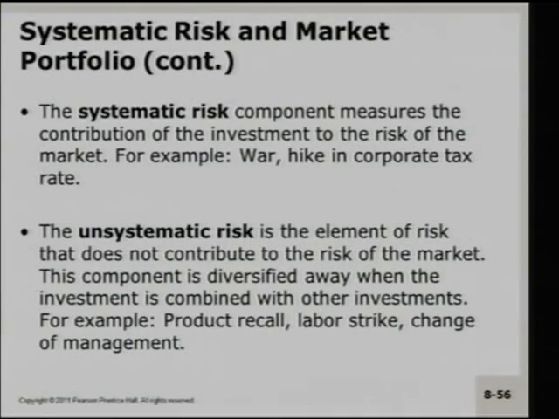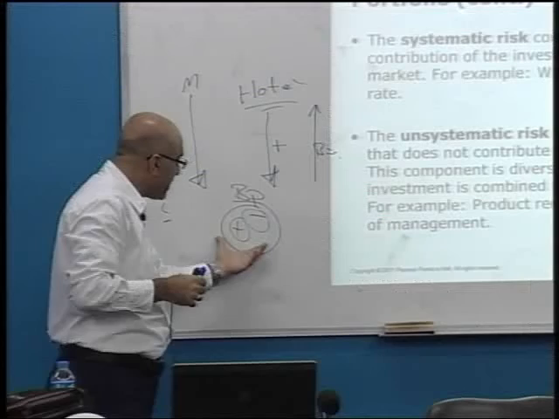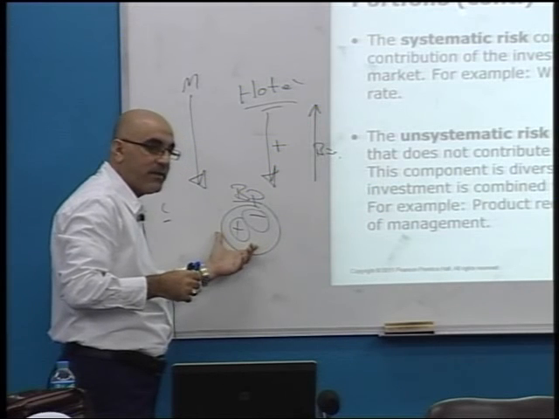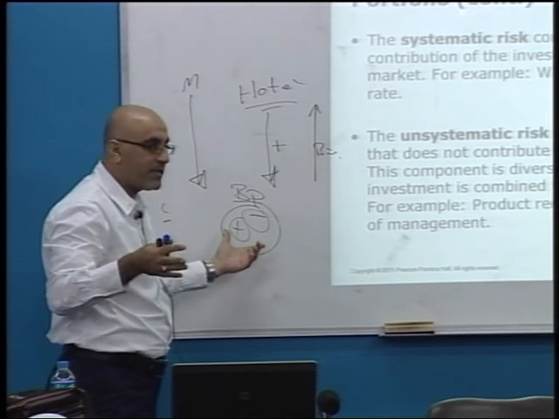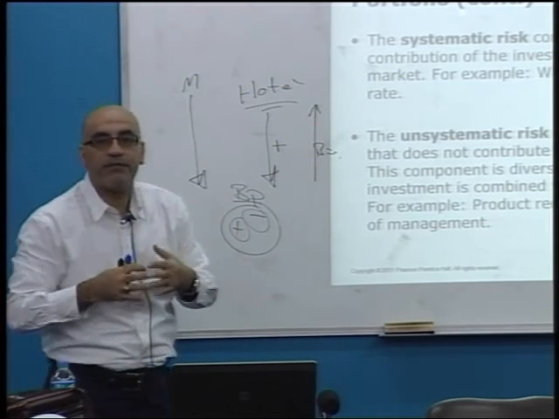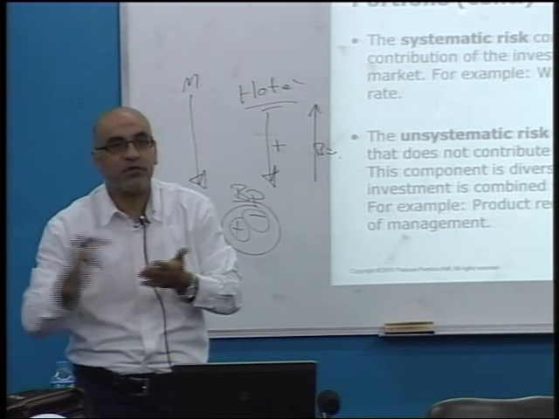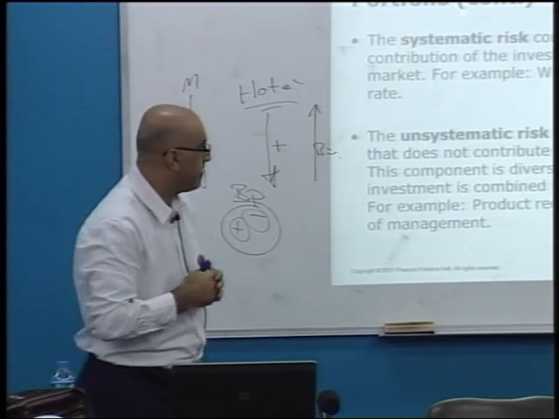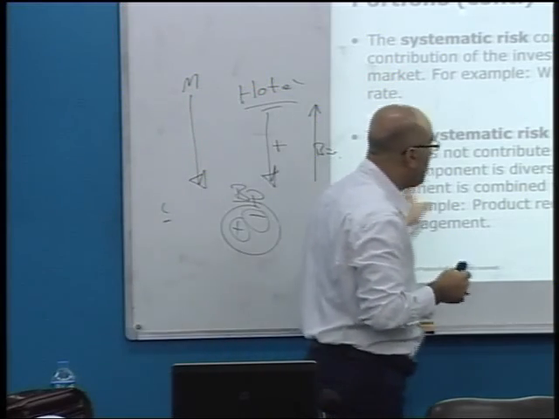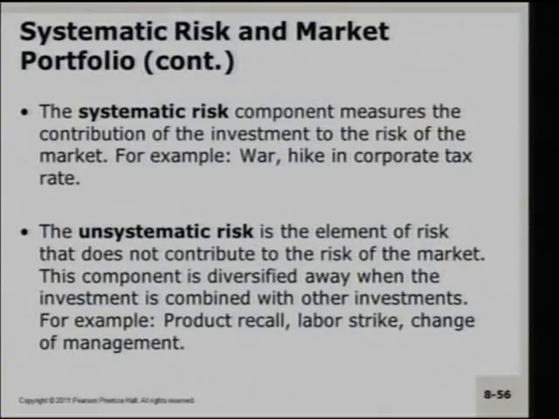The portfolio is not affected by the individual stock risk, because the idea of a portfolio is to eliminate the impact of unsystematic risk by diversification. This component is diversified away when the investment is combined with other investments.